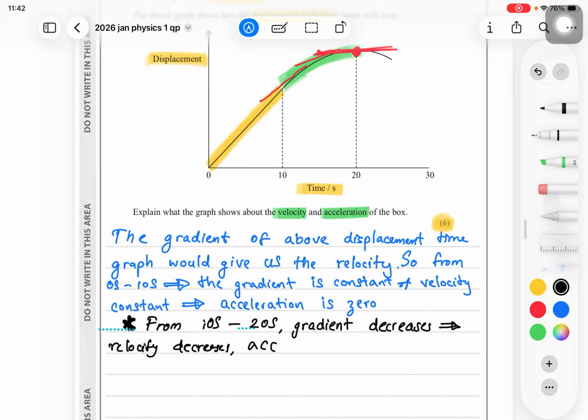In this phrase, if the velocity is decreasing, we have a proper word, which is that the box decelerates. We could say our words properly. So this is going to be quite easy.